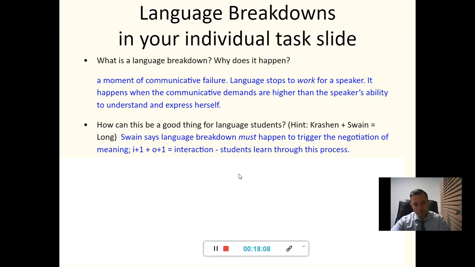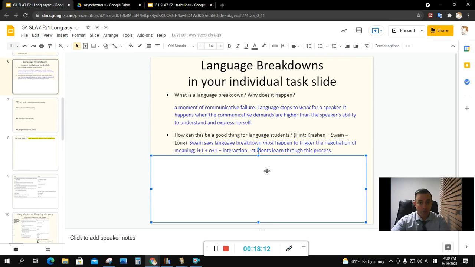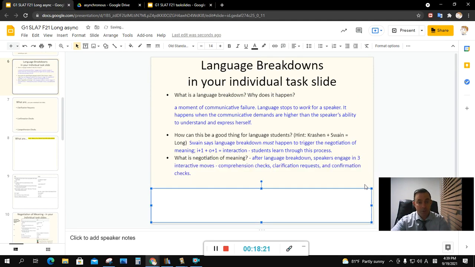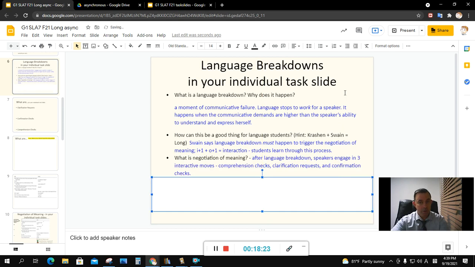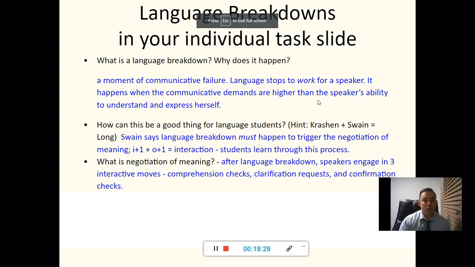So if you see some similarities with Swain, you're not alone. They are, of course, linguists. They know each other, and there are some very similar ideas, but the idea of negotiation of meaning through interaction is very much associated with Long. So what is the negotiation of meaning?